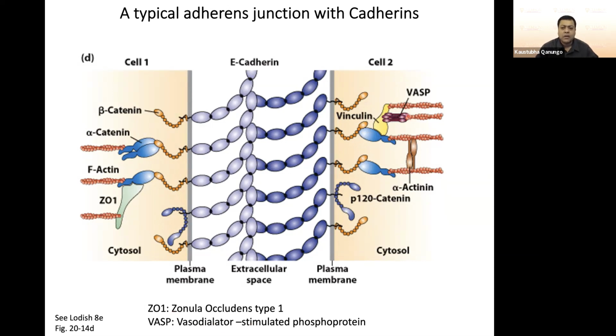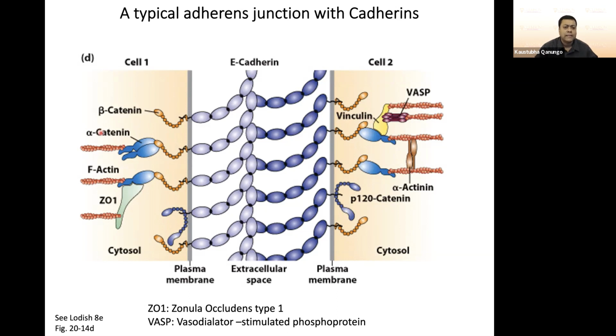But again, these are not needed. But just to show you that right here, you have a p120 catenin, alpha catenin, beta catenin, vinculin, and lots of these different proteins. But ultimately, all of these proteins are interacting with the actin, and that's your adherens junction.